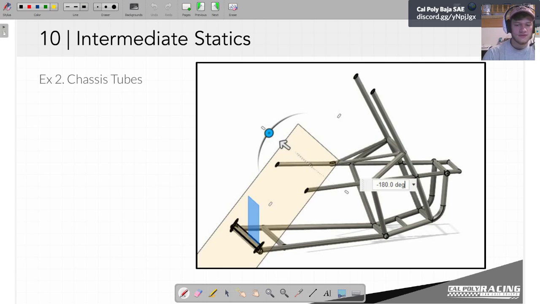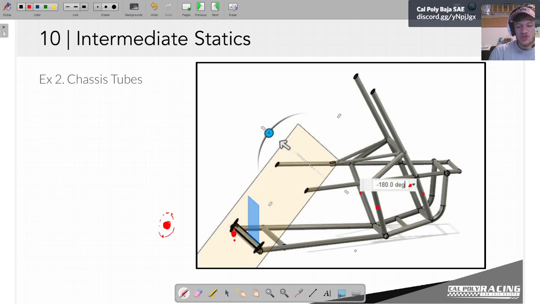So the method of sections, and the method of joints for that matter, do work in 3 dimensions. We're going to leave it as a 2D simplification, but in 3 dimensions, the process would be the same. So in this case, we'd have one reaction here, one on the other side, and then in the back of the car, we'd have to do one for each point on the suspension, or if we were feeling lucky, we could consider these all 1 point and just do one big location for our forces there.